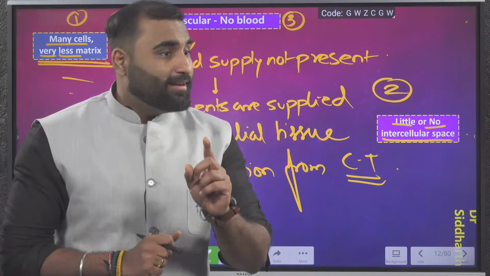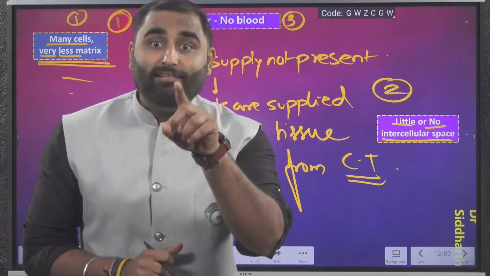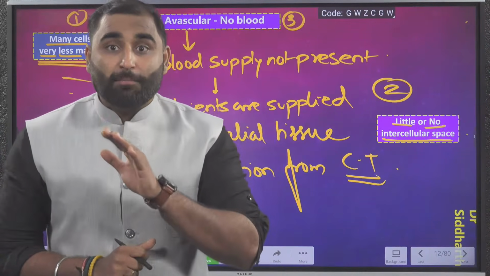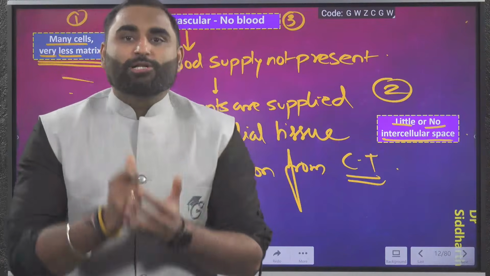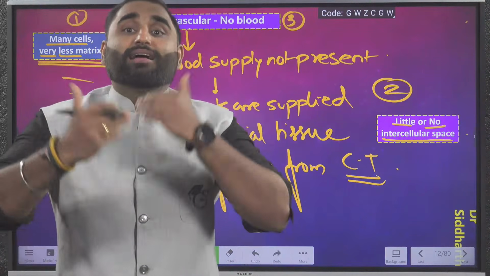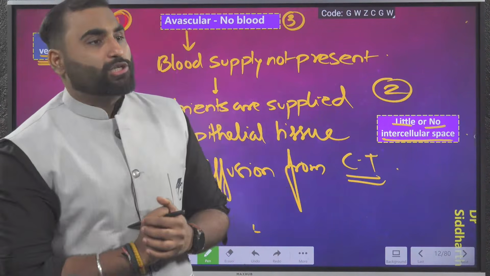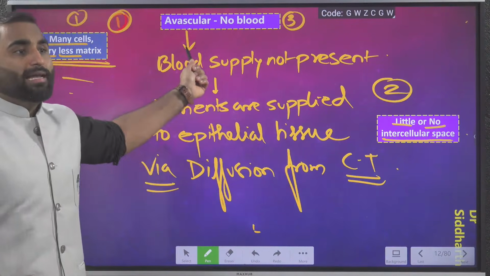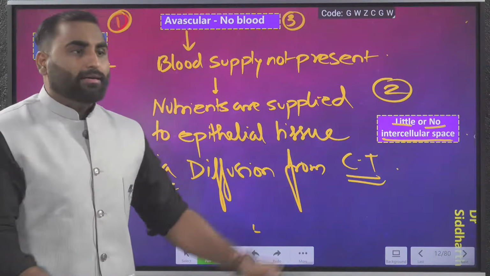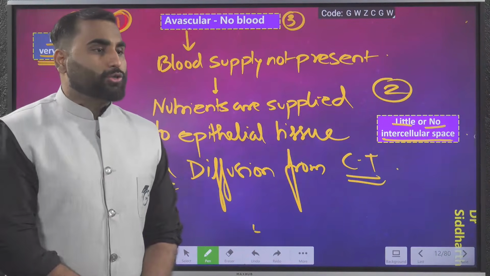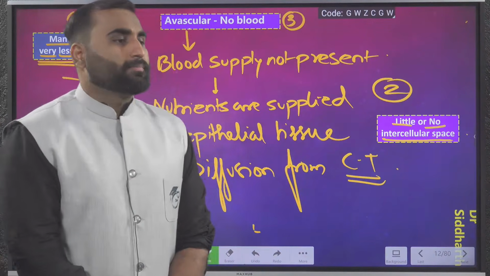So nutrition is given via diffusion and transferred to epithelial tissue. Even though epithelial tissue is avascular, it gets nutrition from connective tissue via diffusion.